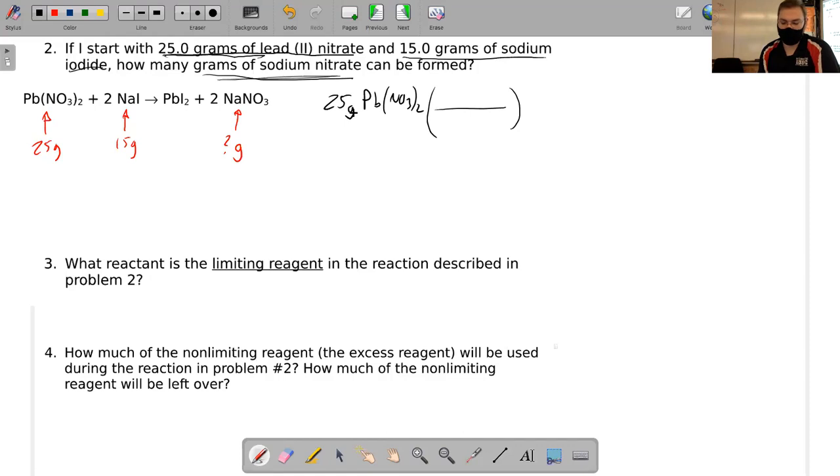So the very first thing, if you see a mass, you got to convert that into moles. So you got grams of lead nitrate, 1 mole of lead nitrate, Pb(NO3)2. I don't know what that comes out to be. Let's see. I got a lead, 207.2, and 2 nitrogens, 28.02, and 6 oxygens, 6 times 16.